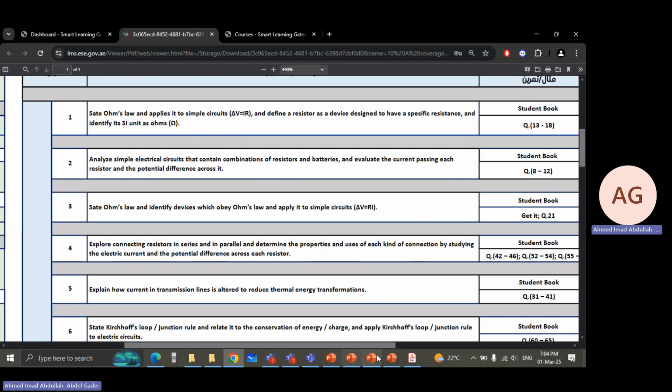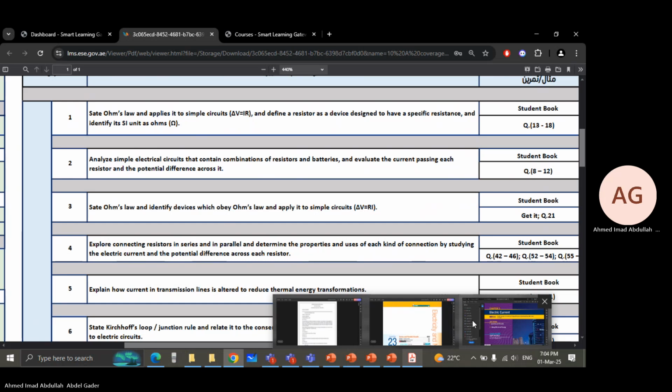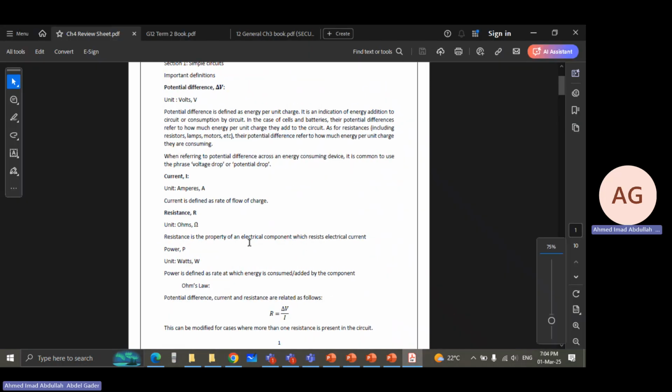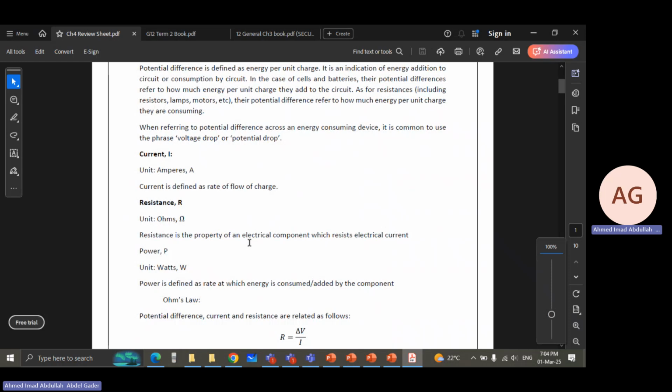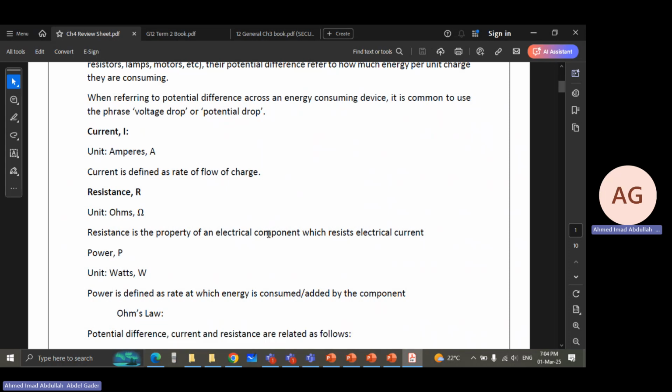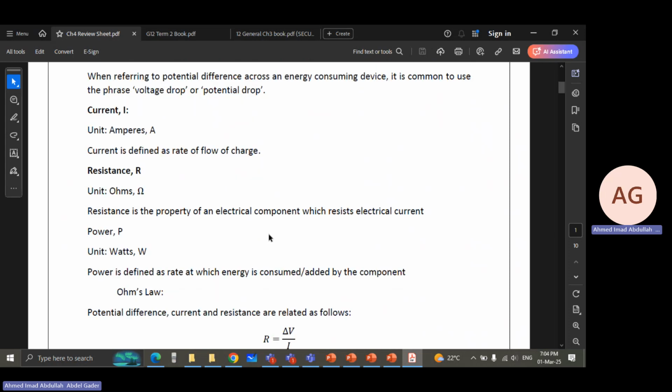So a resistor is a device which has a natural tendency to impede flow of charge. So it basically limits the amount of current flowing through it.